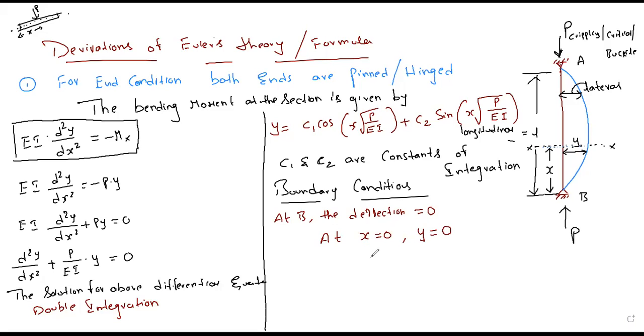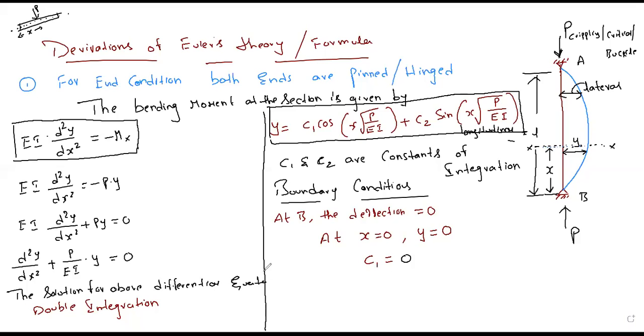By that, what is the constant c1? When x is equal to 0, y is equal to 0, then what is c1? What does c1 become by substituting the boundary conditions x is equal to 0 and y is equal to 0? 0, sir. c1 is 0.